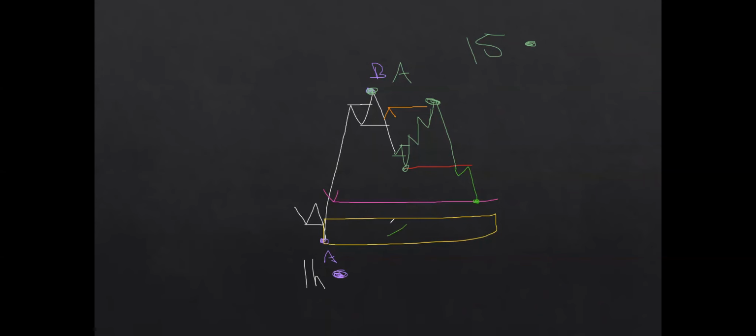We're not going to target the POI. That's important. We're going to target the internal range of the bigger range. Whether it's the 4, 1, remember the market is fractal, right? If you're not going to target this low right here, then you can target the bigger range liquidity. Why is that? Because let's say that price takes this low out, and then this happens, reverses.